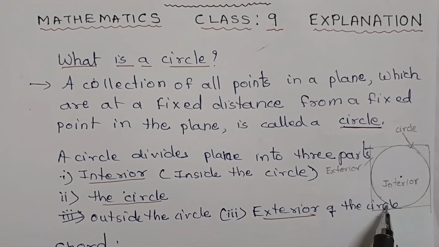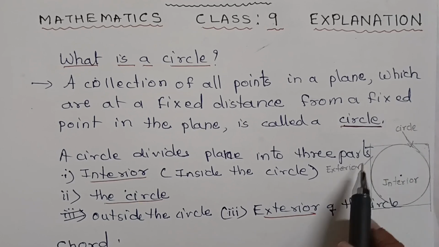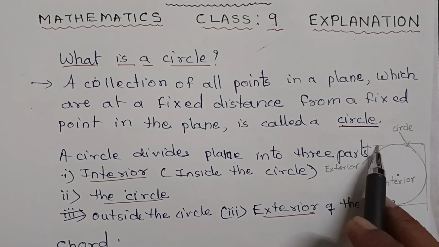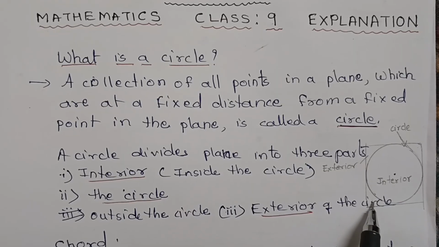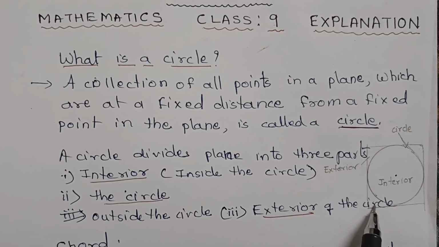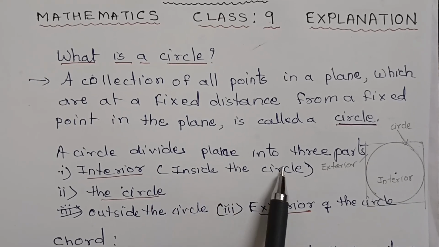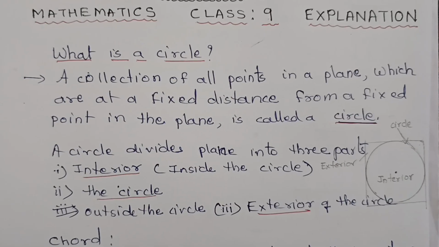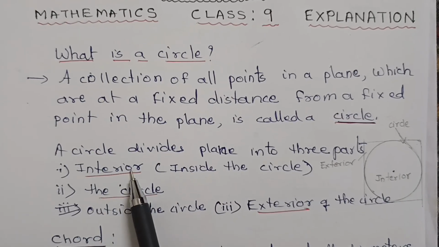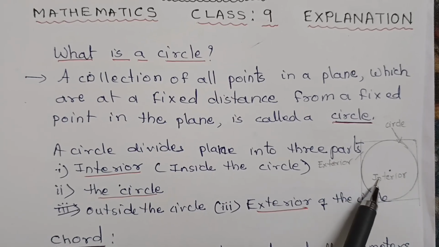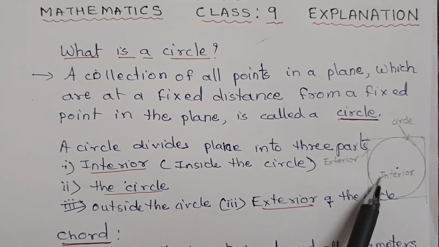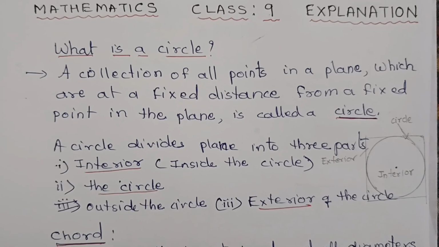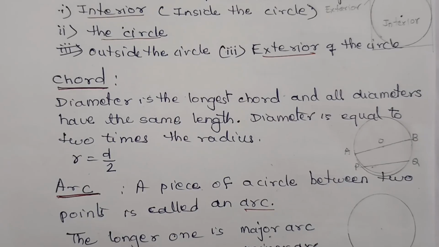Then this boundary is called the circle, and this, which I have shown in the square, is the exterior of the circle. So a circle divides the plane into three parts: the interior, that is the inside of the circle, the circle itself, and the part outside the circle is the exterior of the circle.